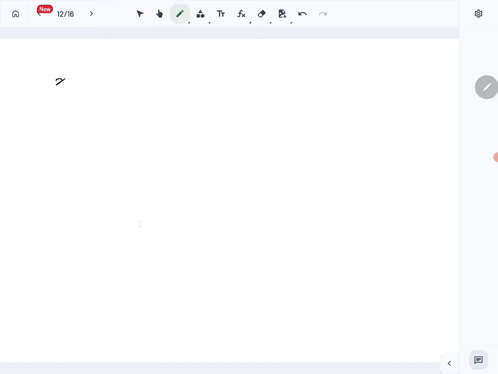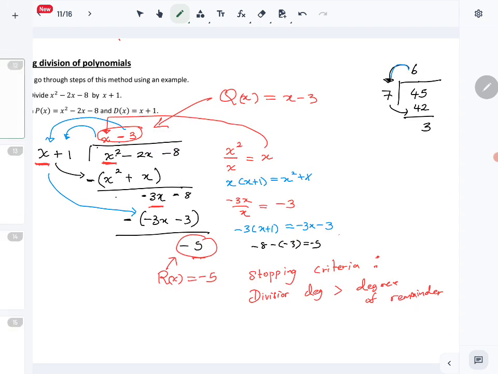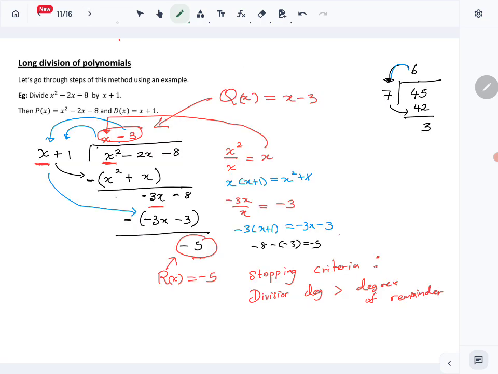So p of x is what? x squared minus 2x minus 8 divided by what? The divisor. The divisor is what? x plus 1. So p(x) over d(x) is what? So let me quickly write the division algorithm first form. p(x) over d(x) is equal to q(x) plus remainder over d(x). So q(x) was what? x minus 3, r(x) is minus 5.